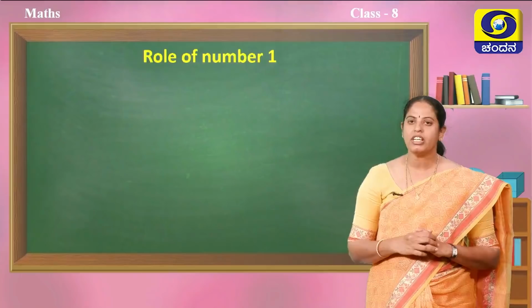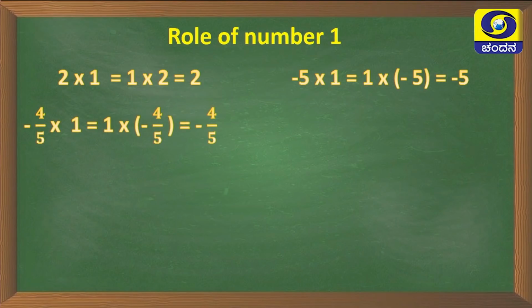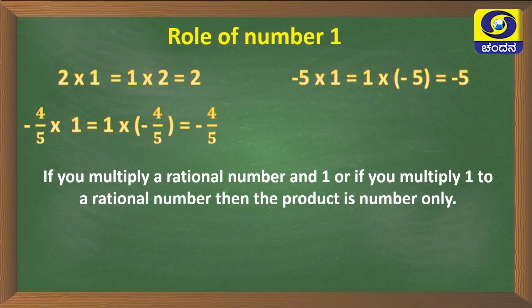In the same way, which is the multiplicative identity element? So if you observe this example, when you multiply any number by 1, the number will not lose its identity, we get the same number as answer. Yes, if you multiply a number by 1 or 1 by any number, you are going to get the number itself.